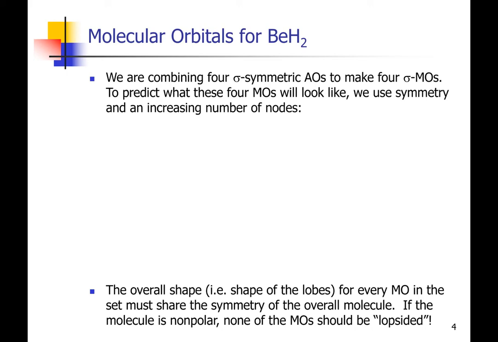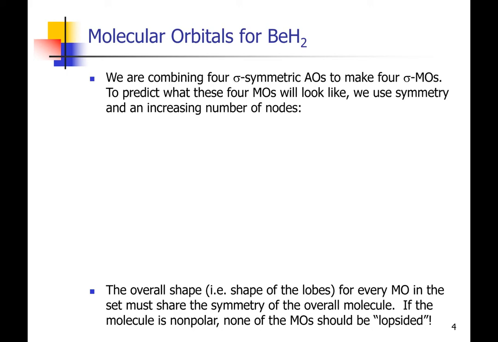On the other hand, we had 4 sigma symmetric atomic orbitals that we need to use to build 4 sigma symmetric molecular orbitals. So we will start by deciding what those are going to look like, and we're going to use the same principles to build these that we used to build our molecular orbitals when we were combining orbitals from just 2 atoms.